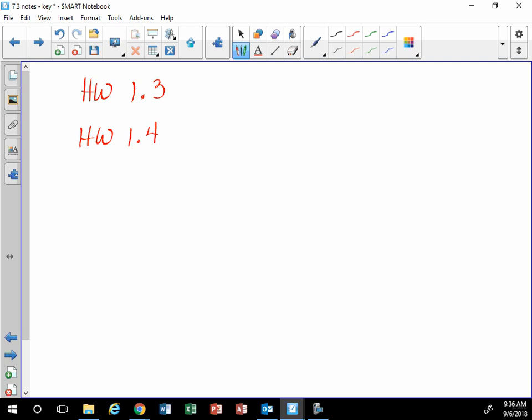Okay. The one that we did first, the nonlinear inequalities, that's labeled as 1.4. Okay, so this is really confusing today.